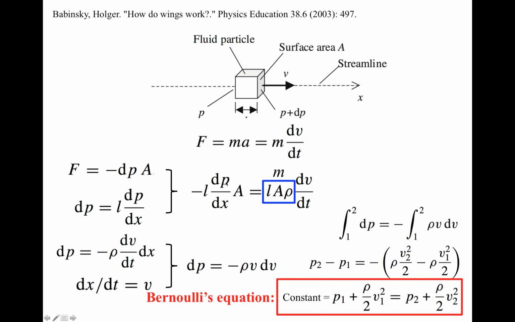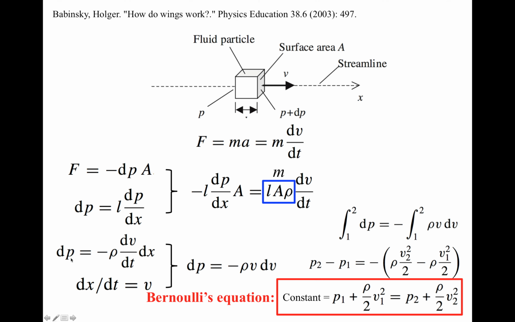So it's minus dp over dx equals rho dv over dt. And then you can multiply dx on both sides, so what you are getting is dp equals rho dv over dt times dx. So that's exactly what we are having here.